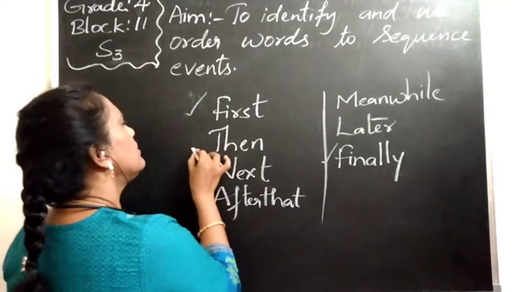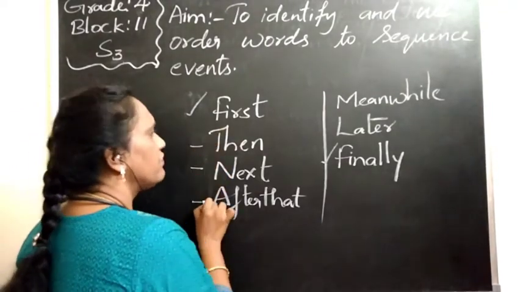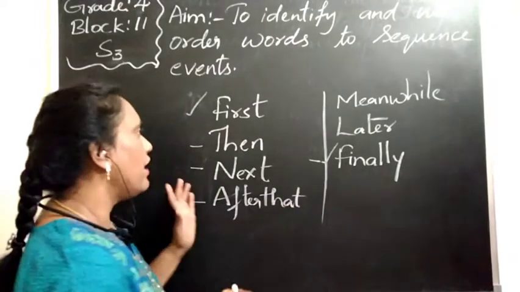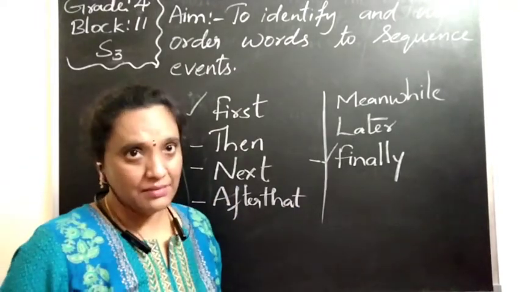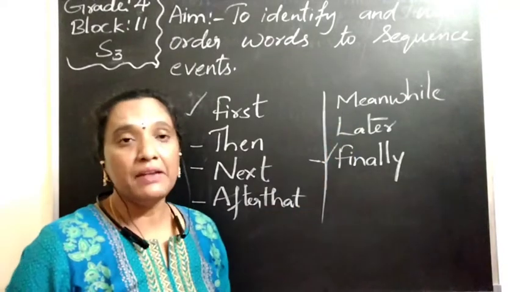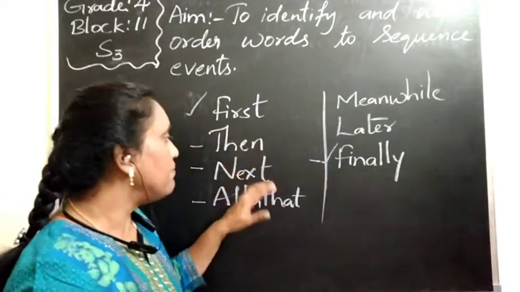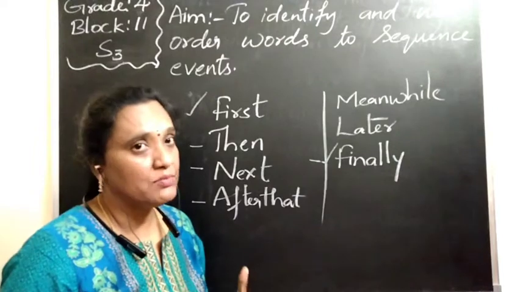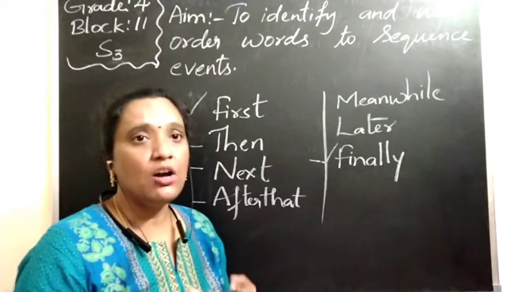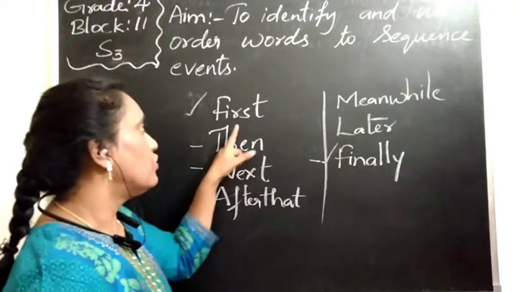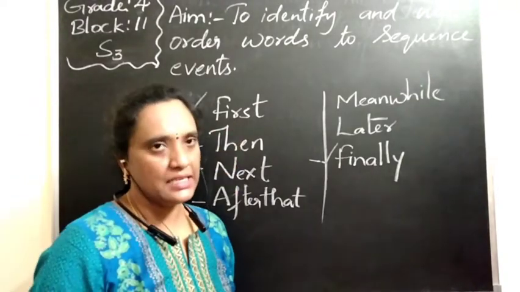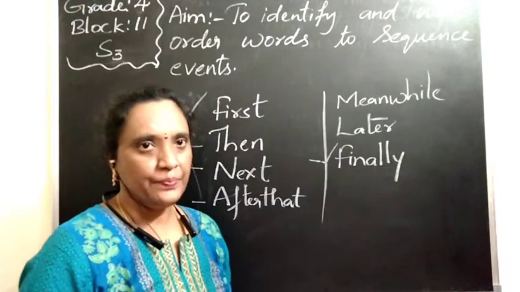Mostly we use first, then, next, after that, finally. These five words are the mostly used words, and sometimes we use the words like meanwhile and later, and these can be used as many times as we need according to the context. Whatever sentence starts, we want to start with first.